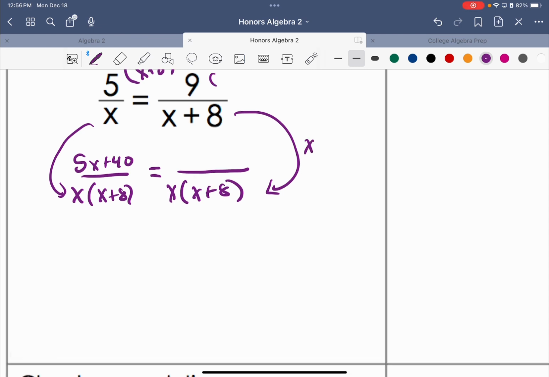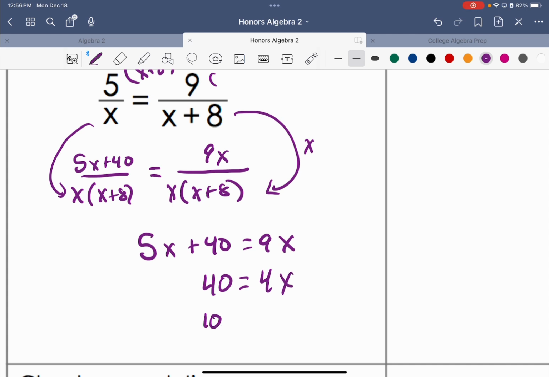X. 9 times x is 9x. So the equation I have to solve then is 5x plus 40 is equal to 9x. Subtract 5x from both sides. You get 40 equals 4x. X is equal to 10.